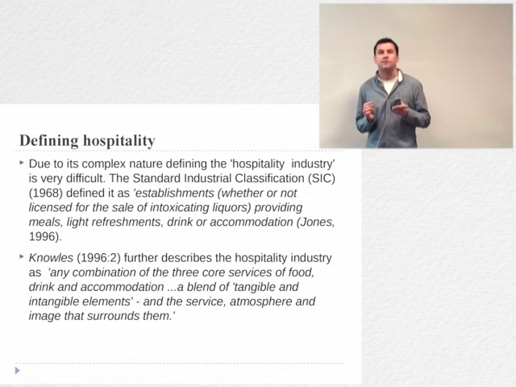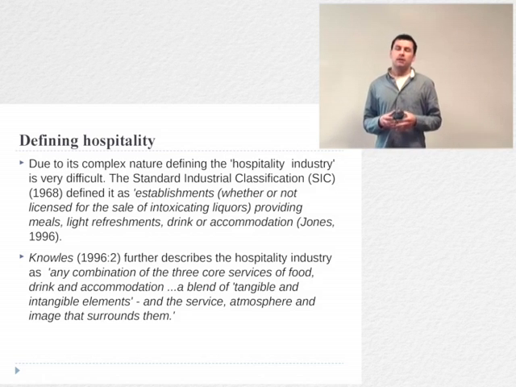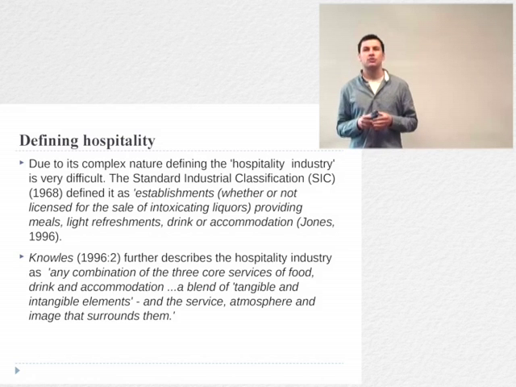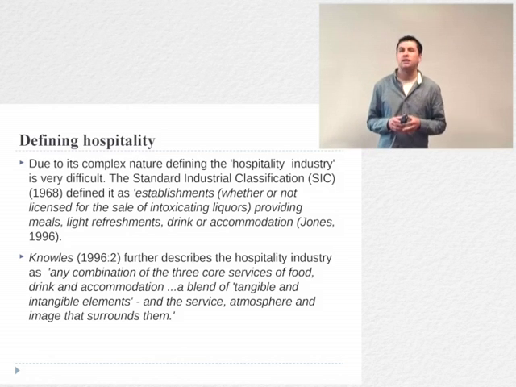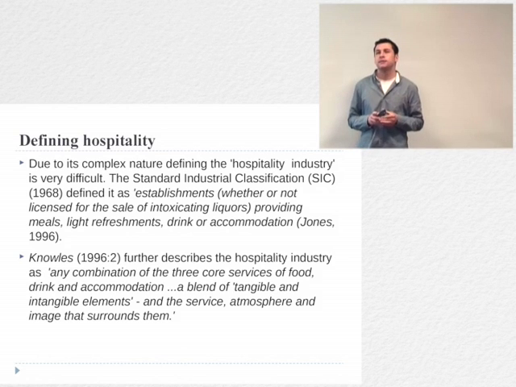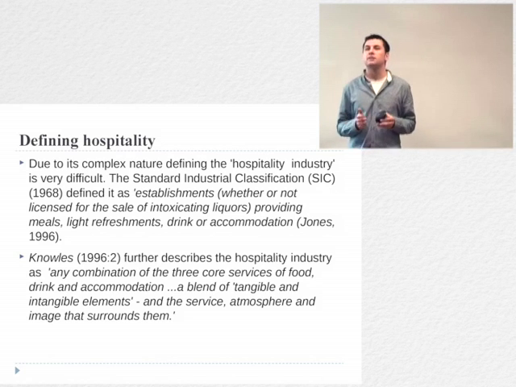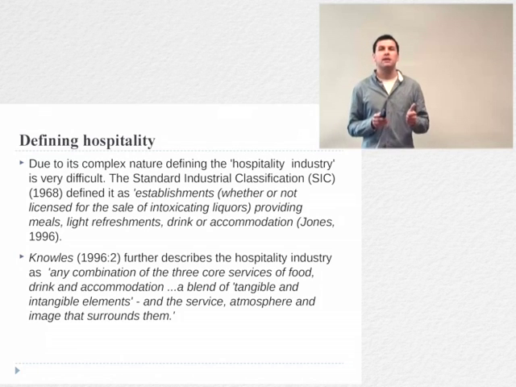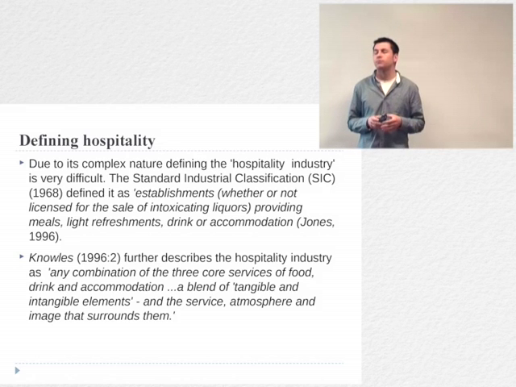So, how do we define hospitality? Jones would tell us that due to its complex nature, defining the hospitality industry is very difficult. The Standard Industrial Classification, or SIC 1968, defined it as establishments, whether or not licensed for the sale of intoxicating liquors, providing meals, light refreshments, drink, or accommodation.